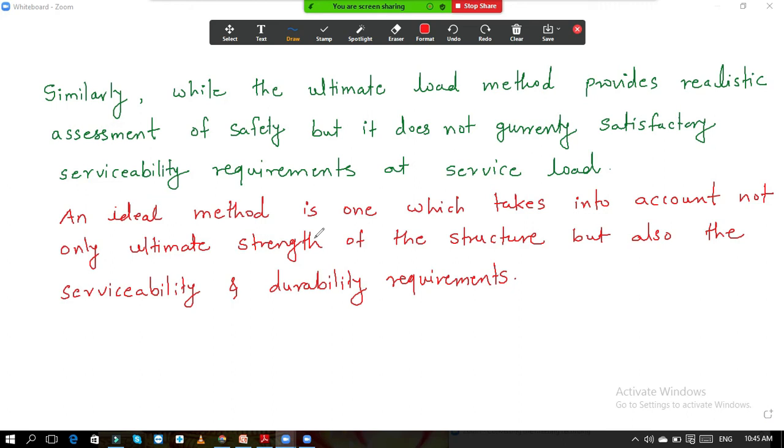Okay, so to overcome this, an ideal method should consider the ultimate strength of the structure as well as the serviceability, durability and deflection criteria. That is what we have written here in the red ink.